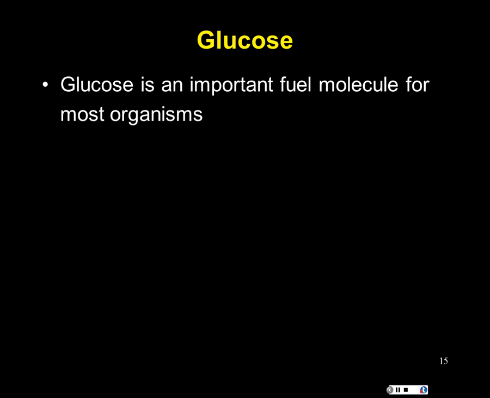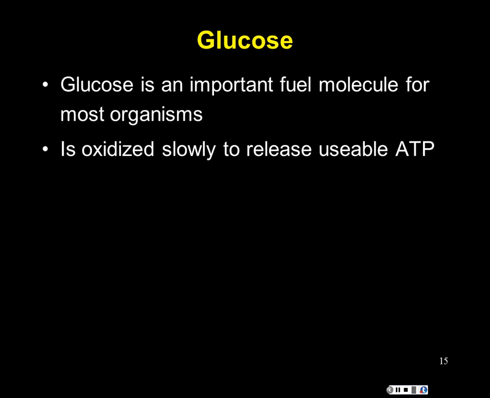Glucose, as I've been leading up to, is clearly going to be an important molecule, right? For fuel, you could say nutrients or energy, for most organisms. And the key thing is it's oxidized. What does that mean? Oxidized, we're taking off what? Electrons. We're releasing electrons. Circle it. How? Slowly. Why?